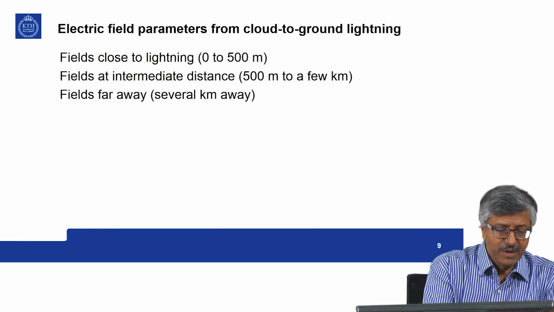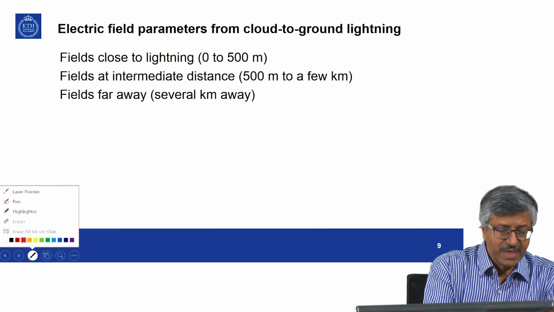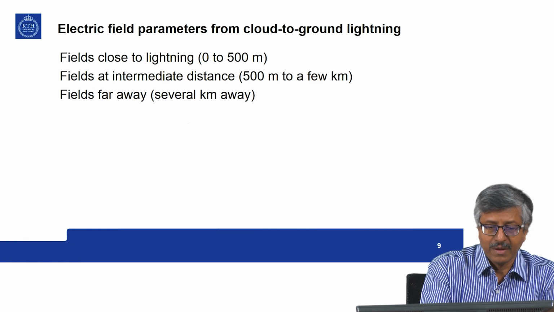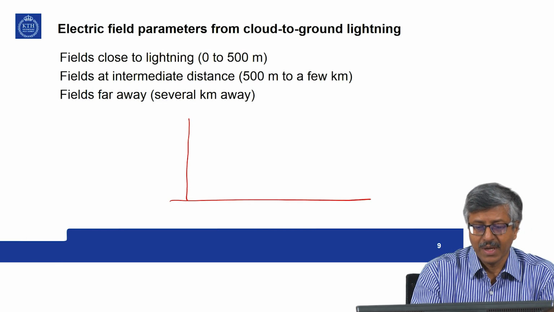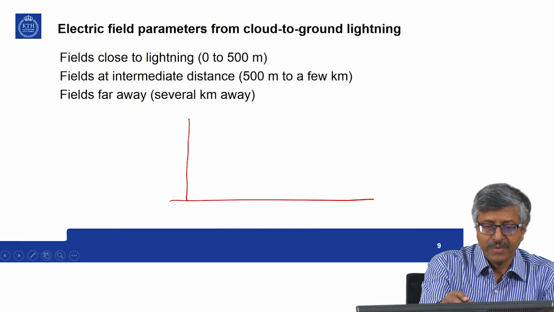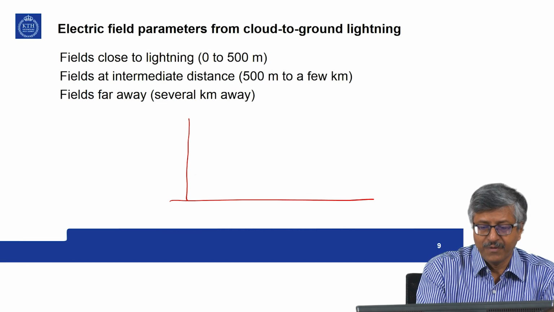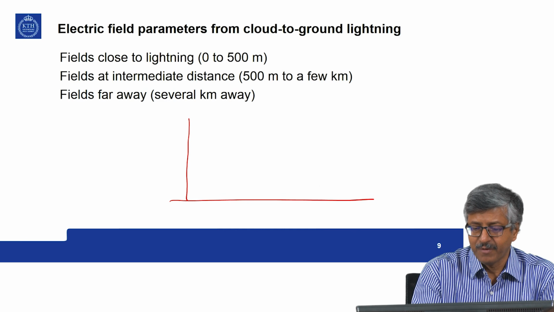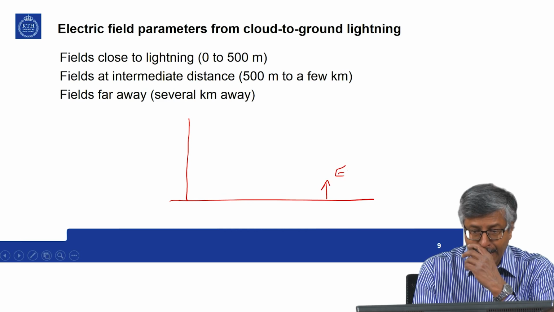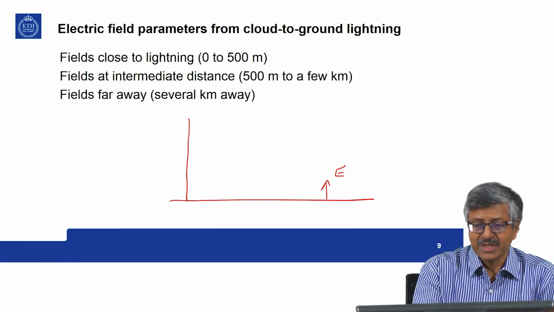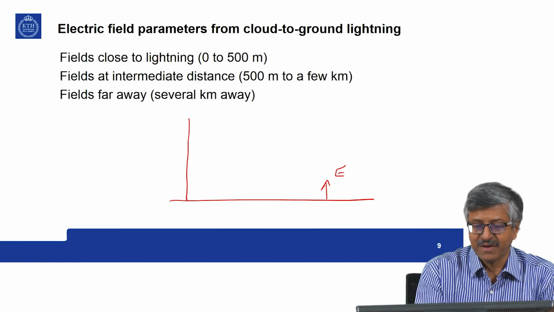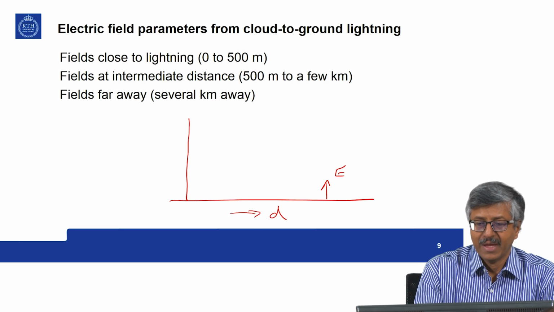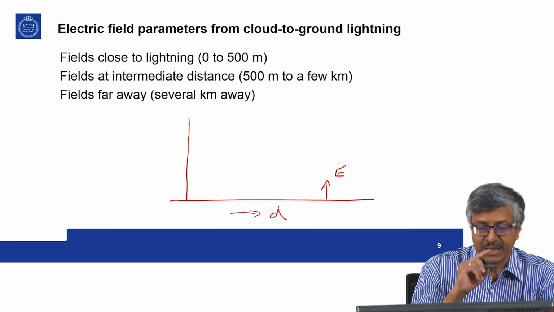The reason for doing this is that if you have the lightning channel here, and if you measure the fields at various distances, the vertical field E follows a certain relationship as a function of distance d.